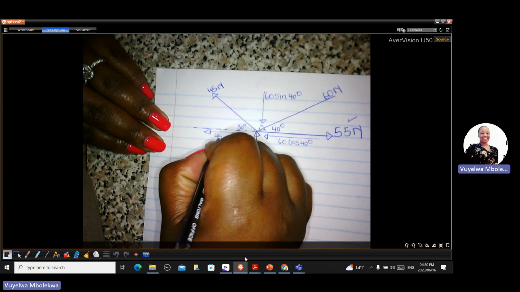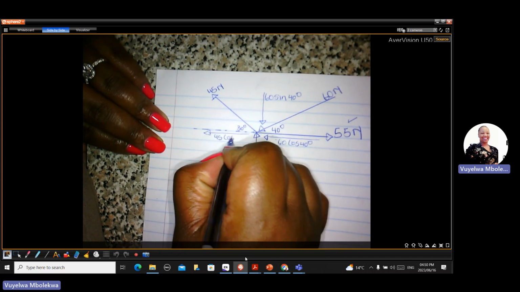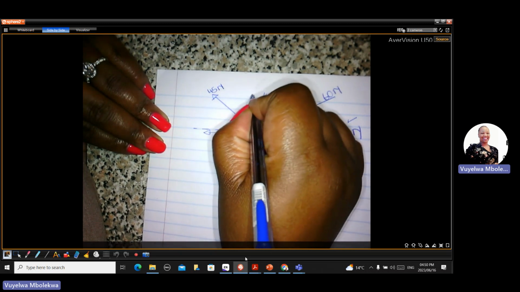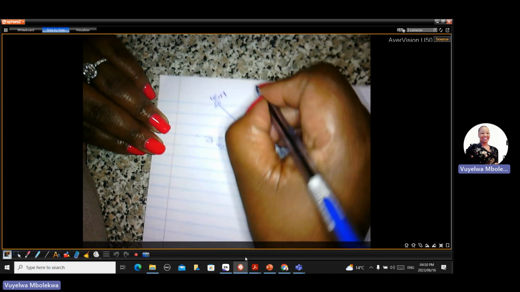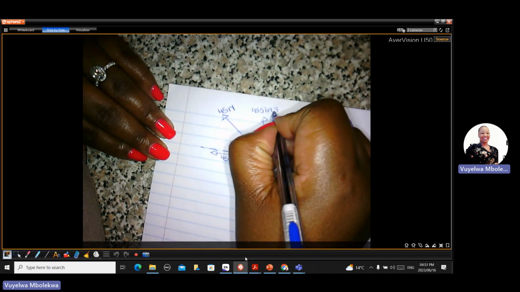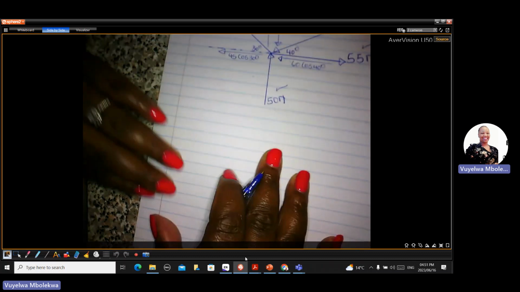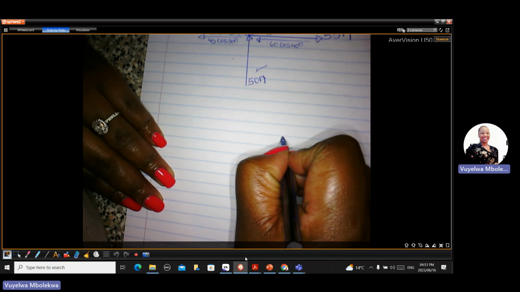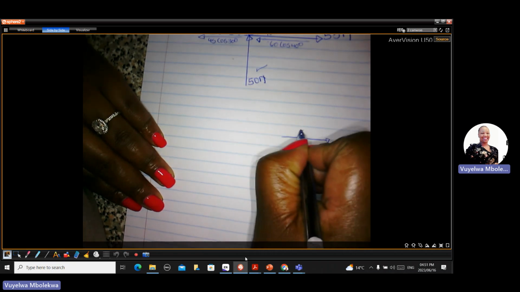It's going to be 45 cos 30. And the vertical component will go up like that, and it's going to be 45 sine 30. If I were to resketch this just to make it clearer, I would have 55 newtons here.